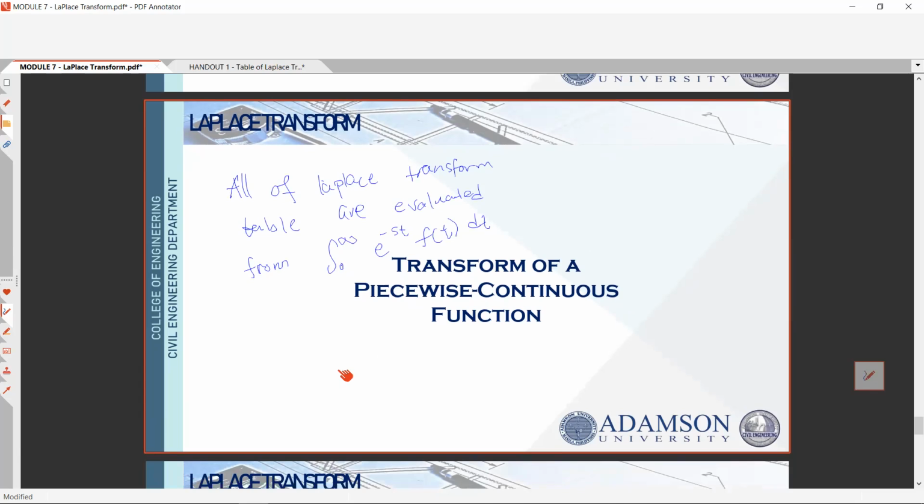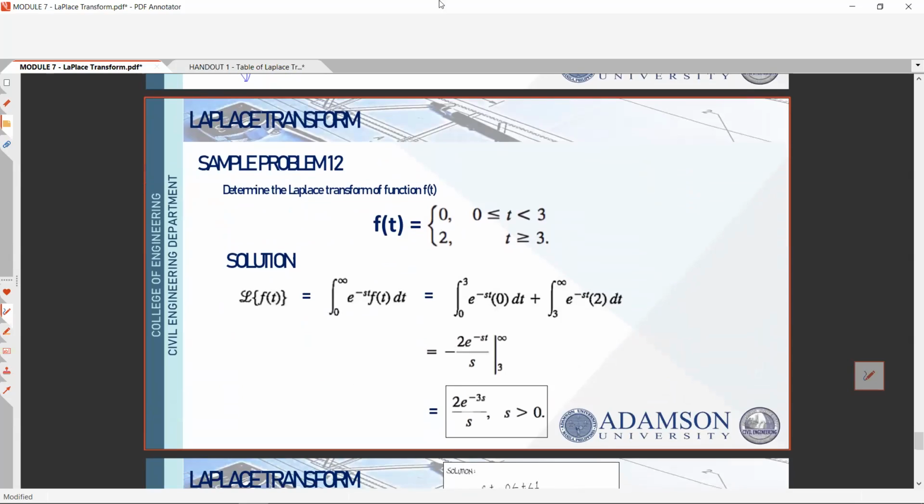Okay, ibig sabihin, di ba, remember, if you have a piecewise function, kunwari, let's say, from 0 to 10, linear siya, then the next is 11 to 20, naka-polynomial to siya, okay? So, pwede yan, yung mga piecewise function mo. So, iba-iba. So, iba yung boundary. So, ibig sabihin, hindi mo magagamit yung Laplace transform table when dealing with piecewise function. So, you need to evaluate manual. Ito, isa-isa.